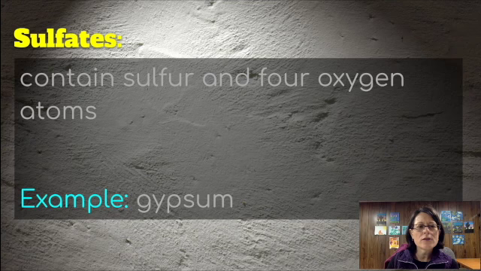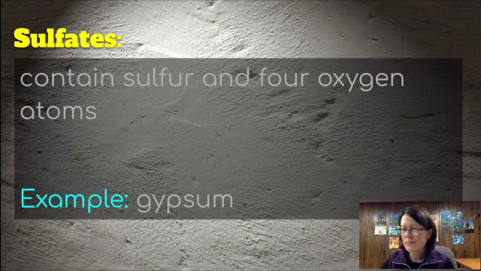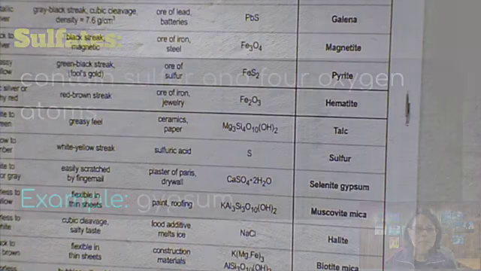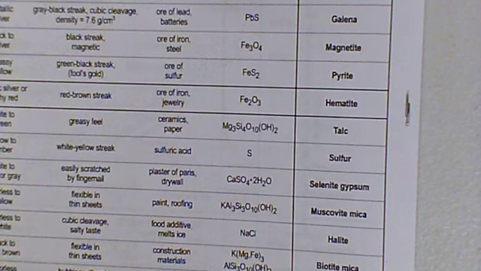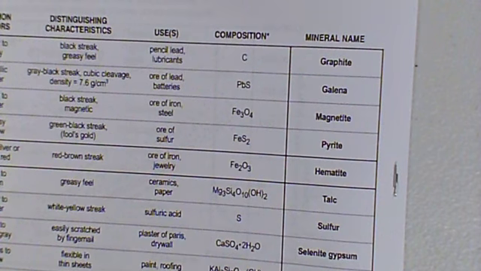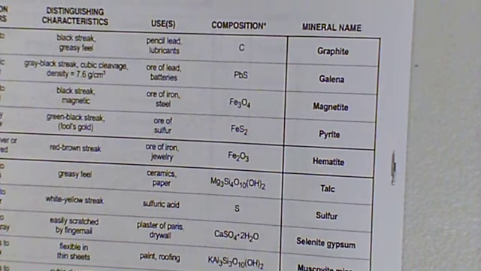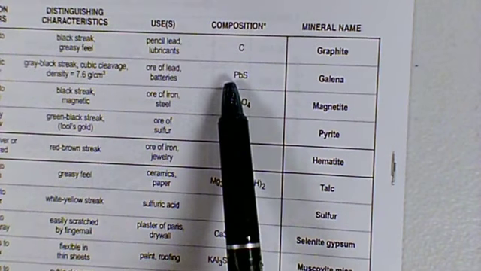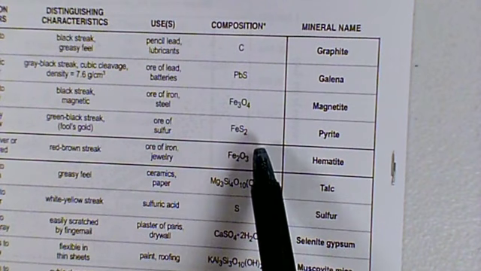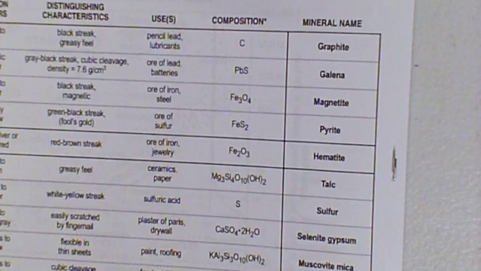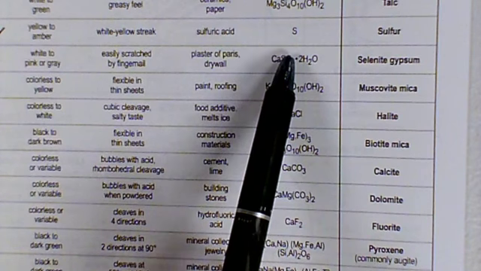Okay, we also have sulfates. These contain sulfur and 4 oxygen atoms. An example is gypsum. Let's see if we can find any on our list. I have sulfur here but no oxygen. Sulfur just by itself, right?